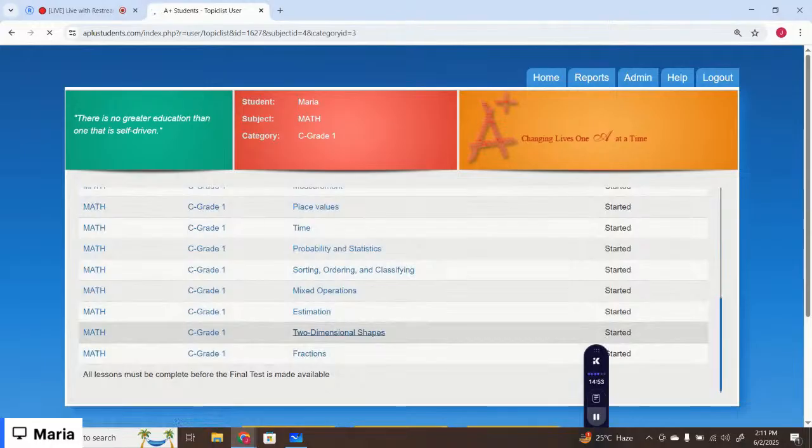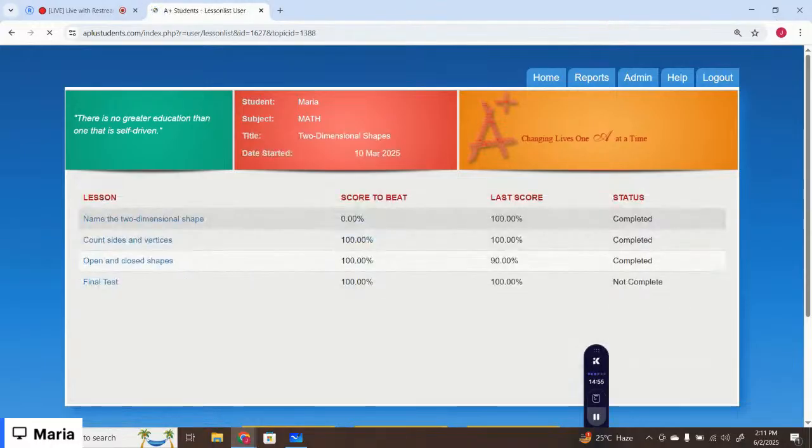So here I'm on the chapter two-dimensional shapes. So let's just start with the lesson. Let's just start with the first one, name the two-dimensional shape.